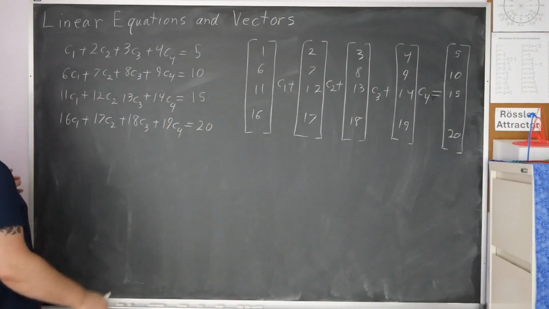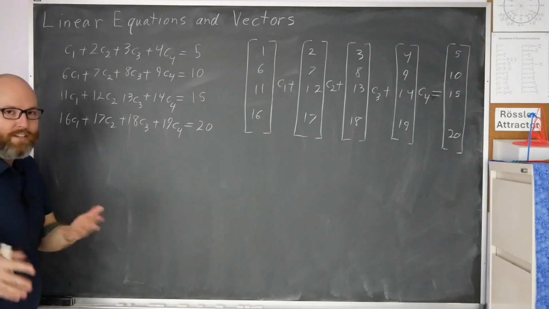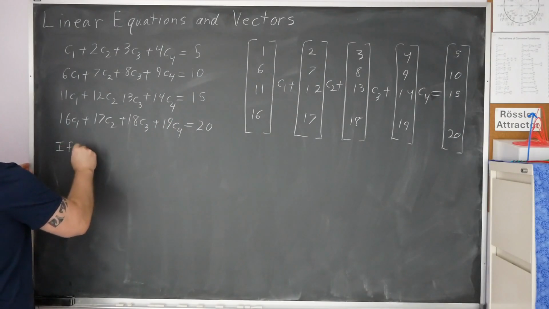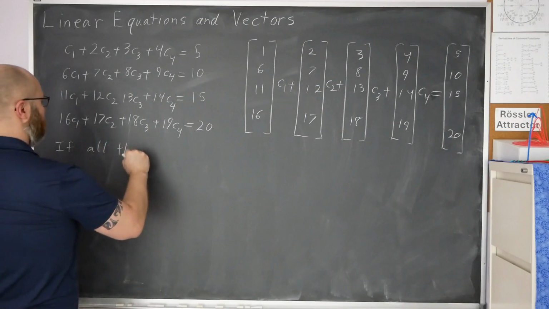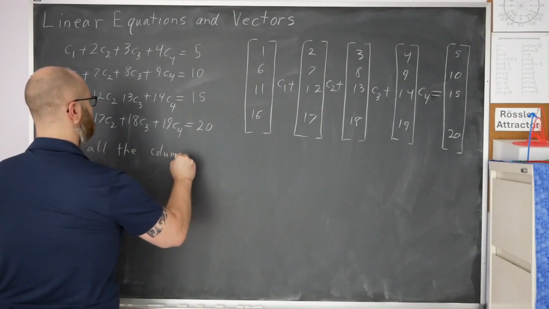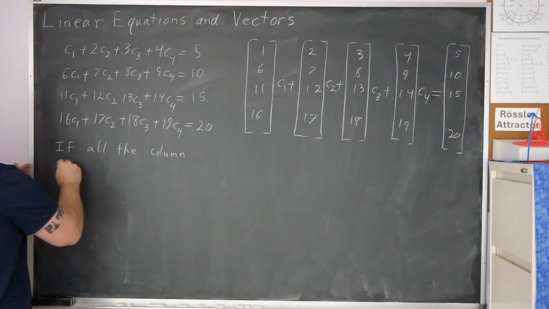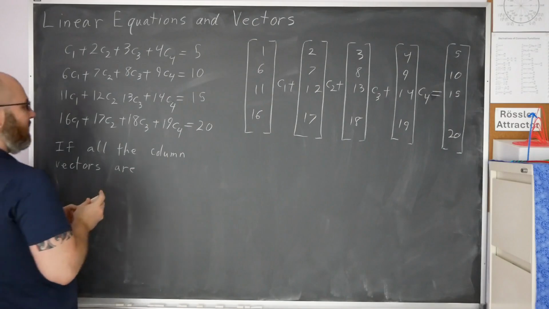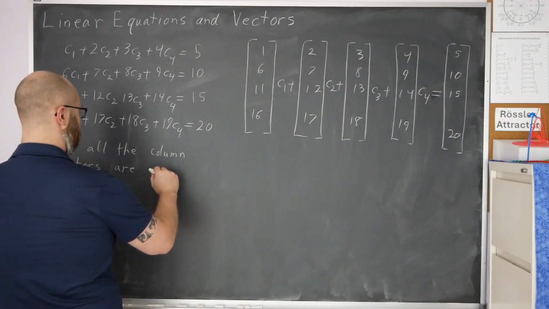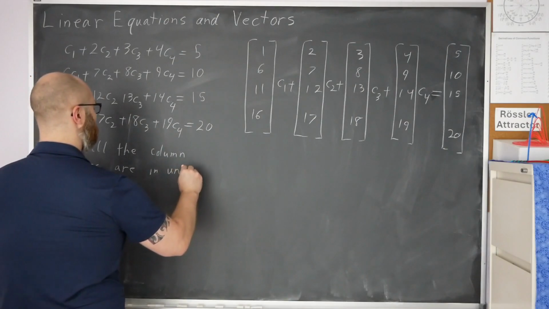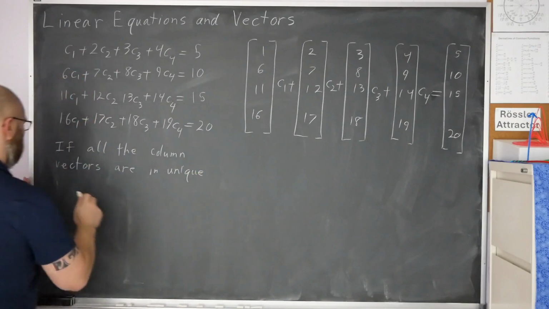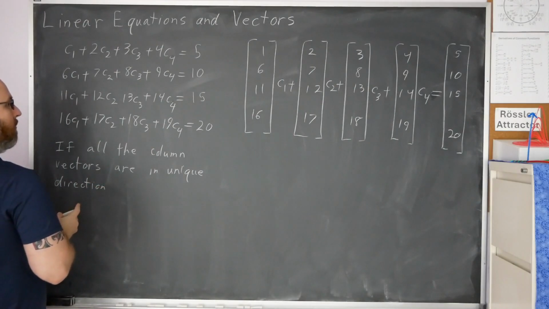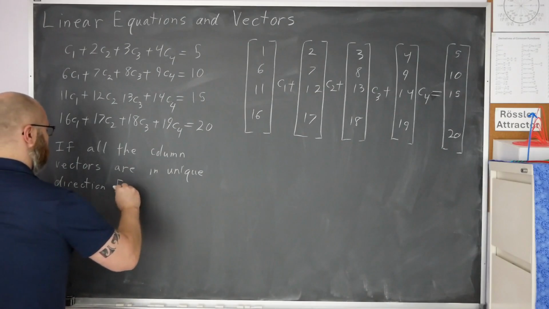So if all 4 vectors are, it's called linearly independent, I'll get to that later, if I'll say all the column vectors are somehow unique, point uniquely from the other three.